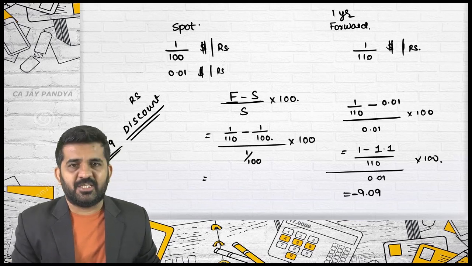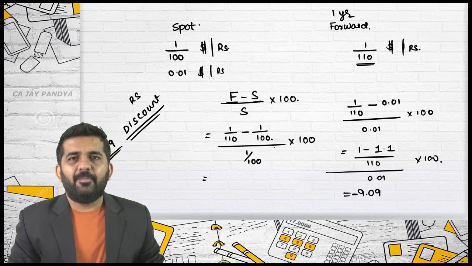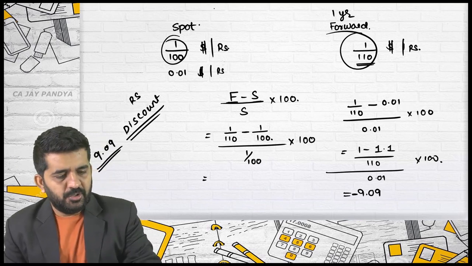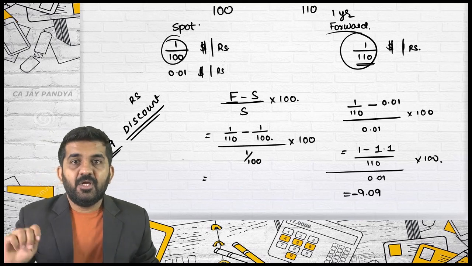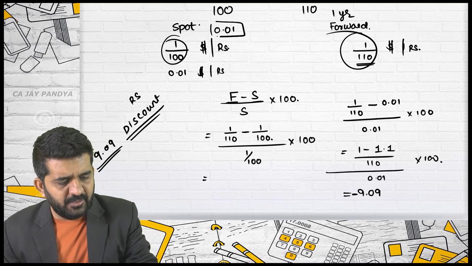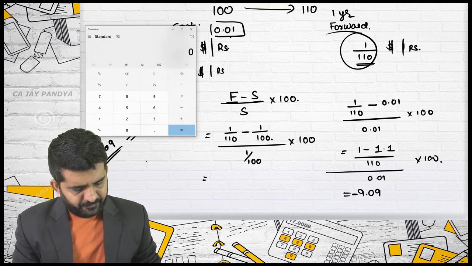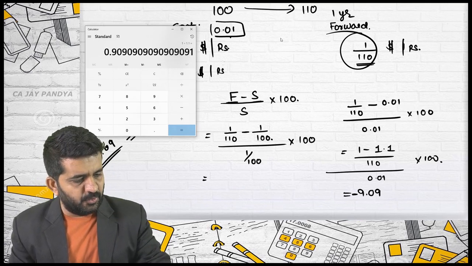All of your logic is correct. I'm not saying it is incorrect. But try to understand this value and this value. This was first 100, then it became 110. Now it is not 100, it is 0.01, and it became 1 divided by 1.1 is 0.909.